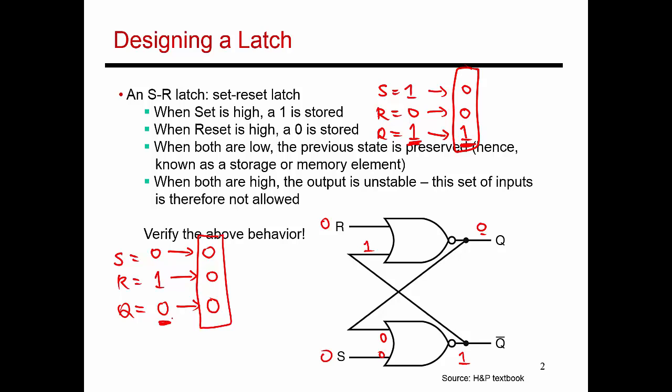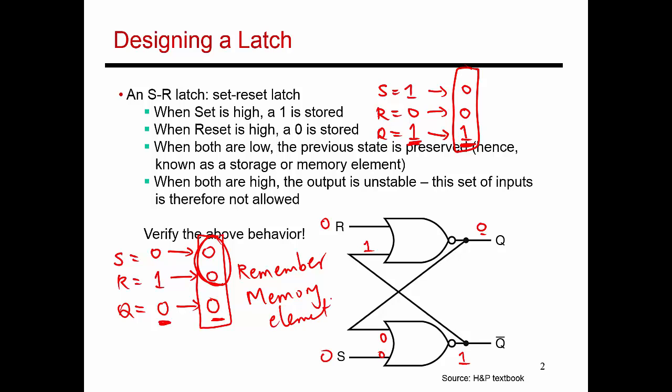Previously the value of Q was 0, so the output remained 0. So essentially, when the inputs S and R are both made 0, this circuit is in a remember state. That means it remembers what its last output value was. So now we have essentially constructed a memory element that can remember what its last state was.